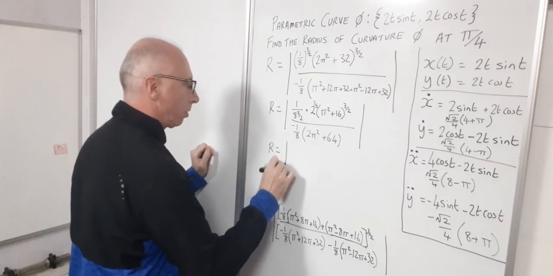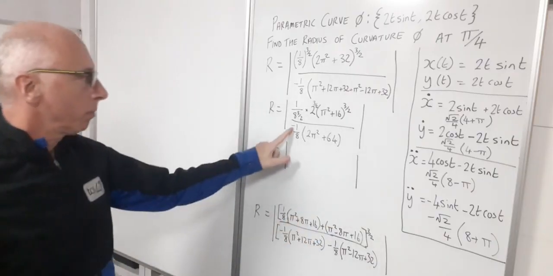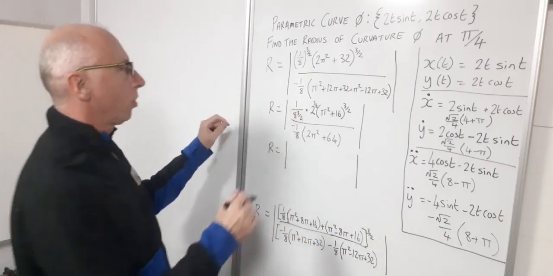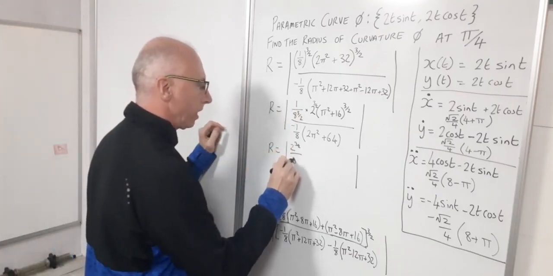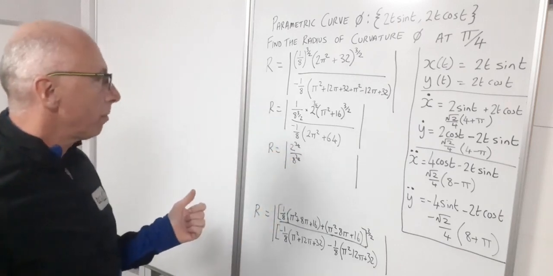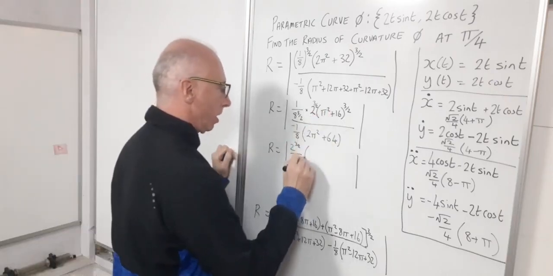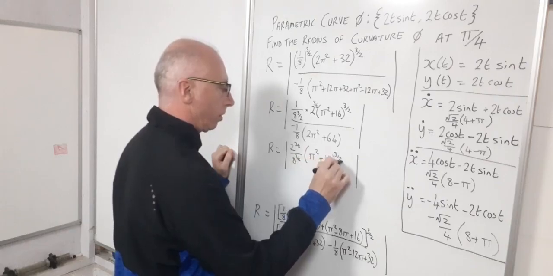So R equals, still absolute value. I haven't done anything with this minus sign yet. I will come to that at the end. So now I've got 2 to the 3 over 2 divided by 8 to the 3 over 2. There's something I can do there in a moment. And then I've got pi squared plus 16 to the 3 over 2.